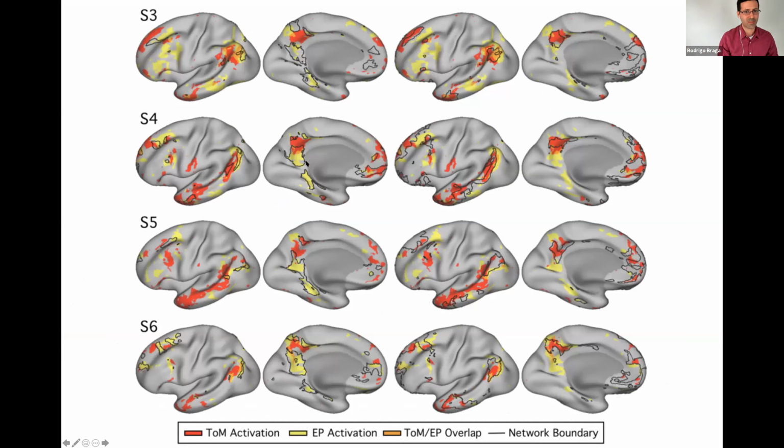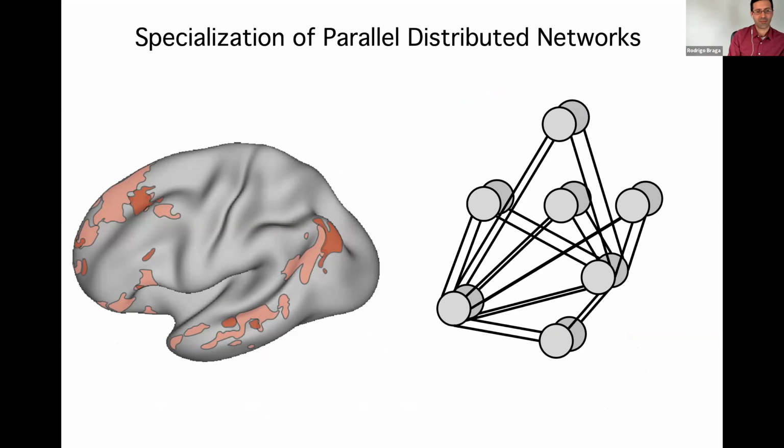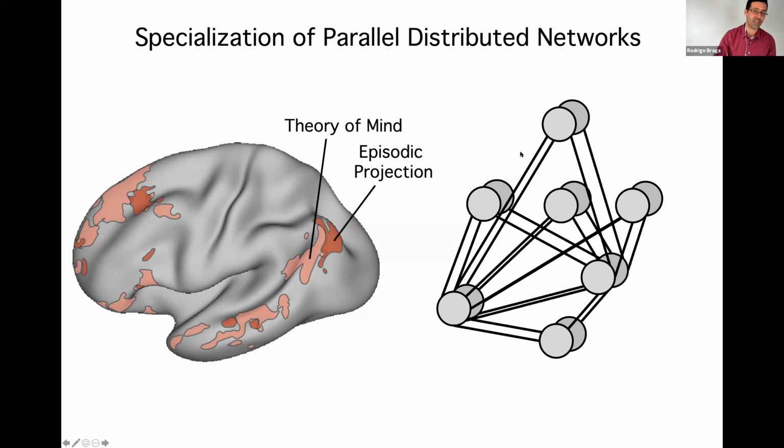It wasn't perfect, but across individuals, there definitely was evidence that each part of the network is activated for these 2 tasks. And so where that ties in with the story is that we have evidence that these 2 networks are parallel and distributed, but now we also have evidence that they are specialized for different things. And maybe that's why they are separate networks and how they came to be organized this way.